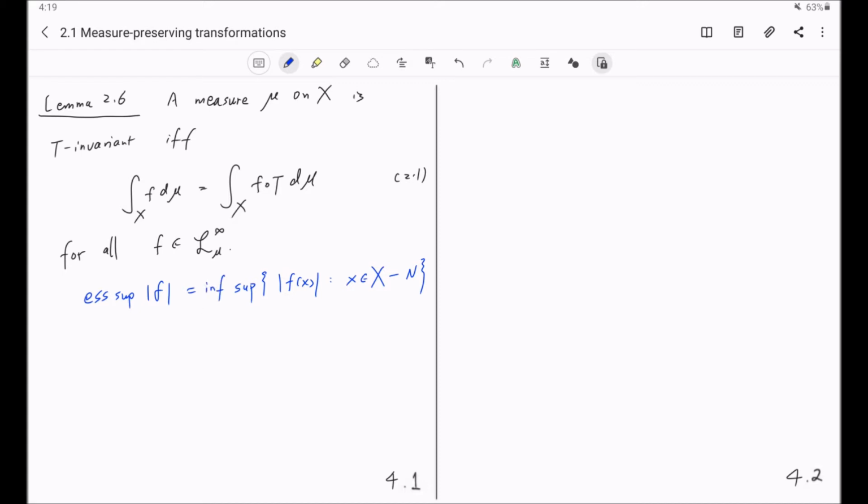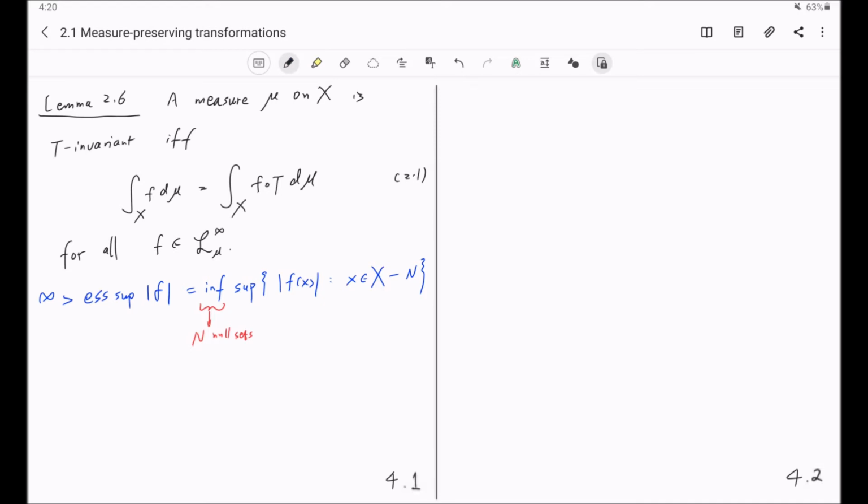We'll consider all possible n's that are null sets. And this infimum of supremum you get is called the essential supremum of the absolute value of f. And if this guy is less than infinity, then by definition f is in this collection. And that is the definition for L infinity.